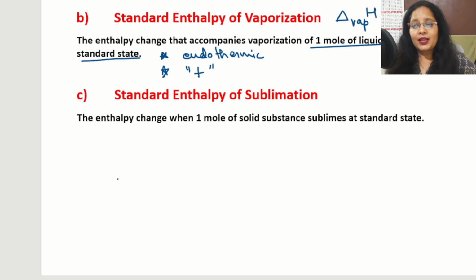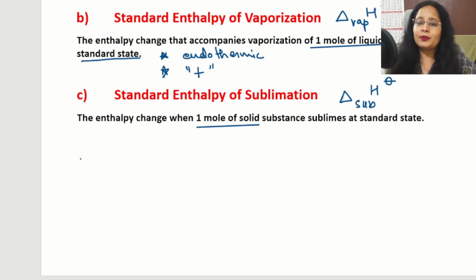Next is standard enthalpy of sublimation. It is denoted as delta subscript sub H standard. Now the enthalpy change when 1 mole of solid substance sublimes at standard state. So it should be 1 mole in amount, temperature should be 298 Kelvin and the pressure should be 1 bar. In that condition, if solid converts to gas, then the amount of heat required is called standard enthalpy of sublimation.